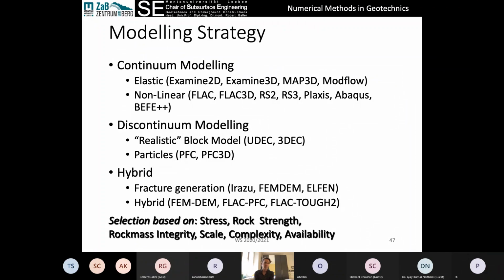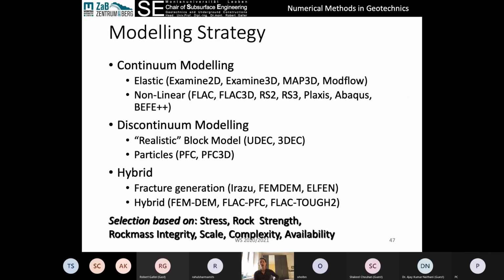And then from a research perspective, there are lots of really cool hybrid models coming out nowadays that allow fracture generation. In a discontinuum model, you actually have to put the fractures in at the outset. A hybrid model allows those fractures to be generated as part of the constitutive model examination process.